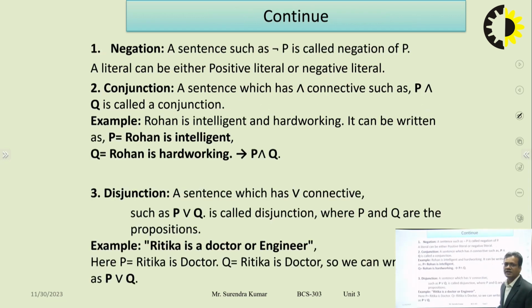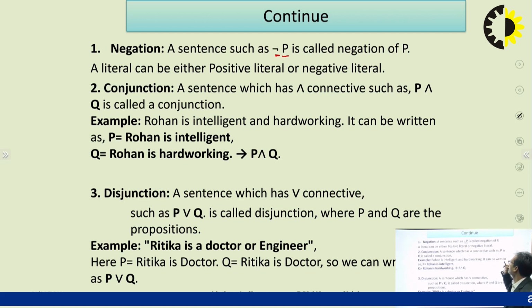The first is negation. Negation means whatever you have, it should be negated, that is, reversed, or you can say opposite. So if P is a proposition and you are giving it a symbol, then this is called negation of P, right? If you are giving a symbol A, and before it you put the negation symbol. In many books you will find it written in one way, in some places in another way, and here it has been given in this way.